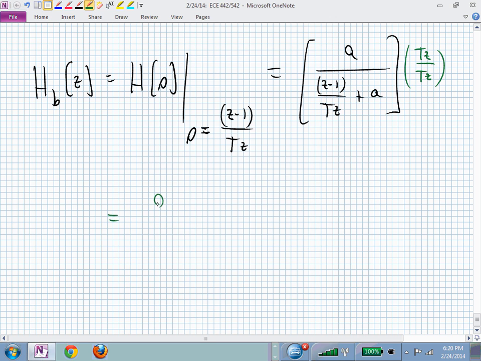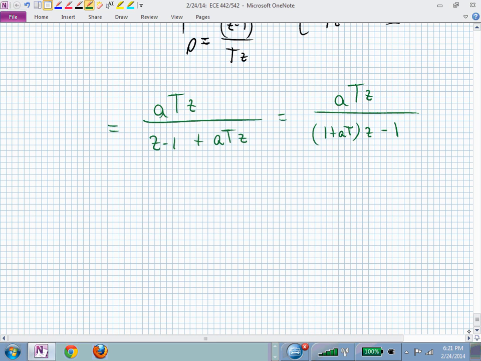And we now have aTz over z minus 1 plus aTz. There is our h sub b of z.